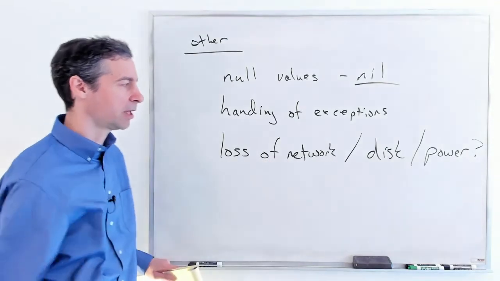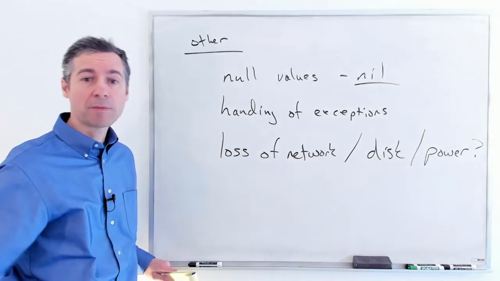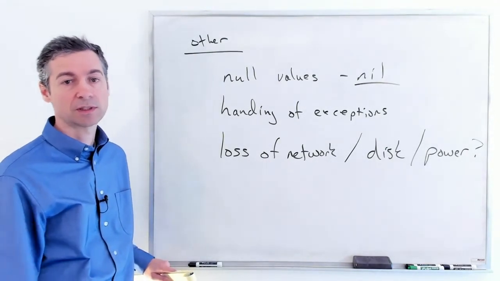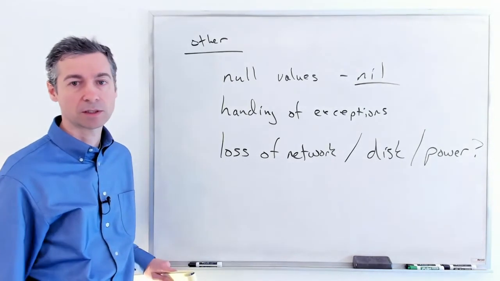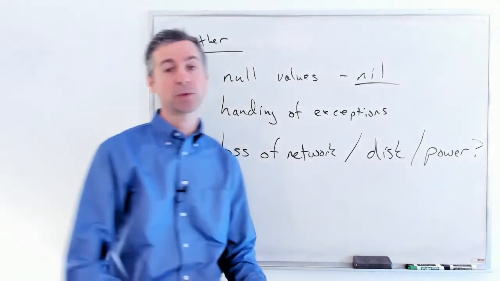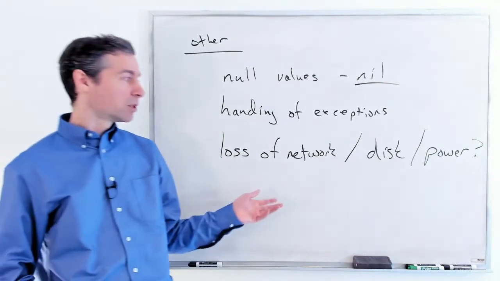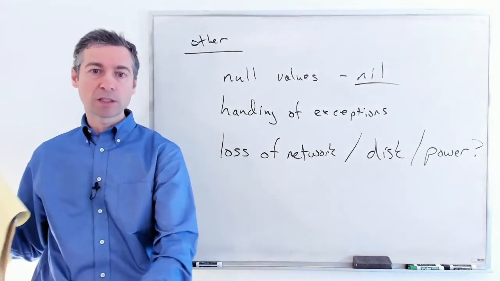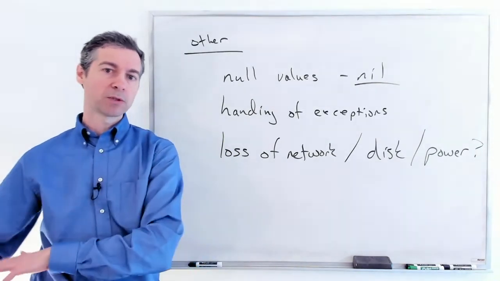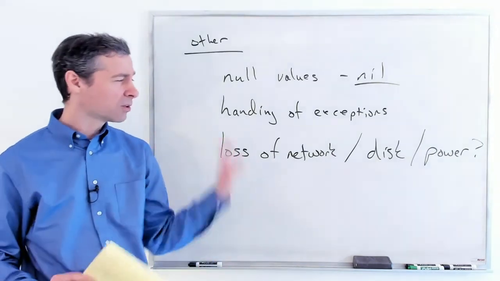Absolutely, if you're working at Amazon, you think about what happens if for some reason we lose power to a data center? Well, they've got backup power. Well, what if we lose the backup power? We'll still be able to keep running the system by swapping over to another data center. All these sorts of things.